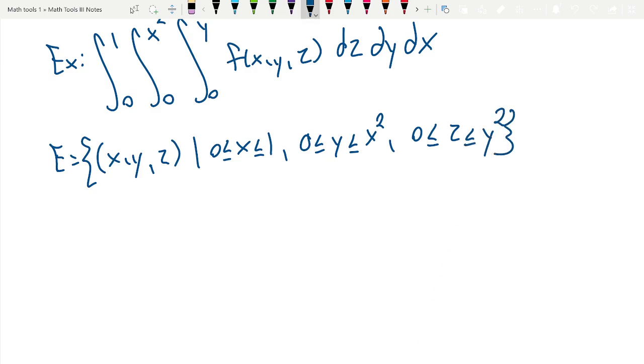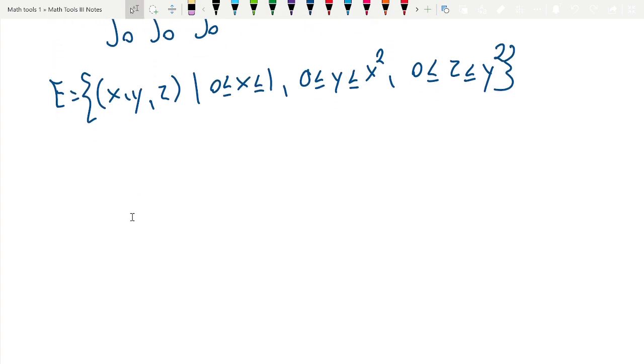So now what if we want to change these around? What if we want to do x first, or something like that? How do we go ahead and do that? The best way to think about this is by dividing it into two-dimensional spaces, because we can't really picture the three-dimensional spaces too well, but we can picture two-dimensional spaces pretty well, right?